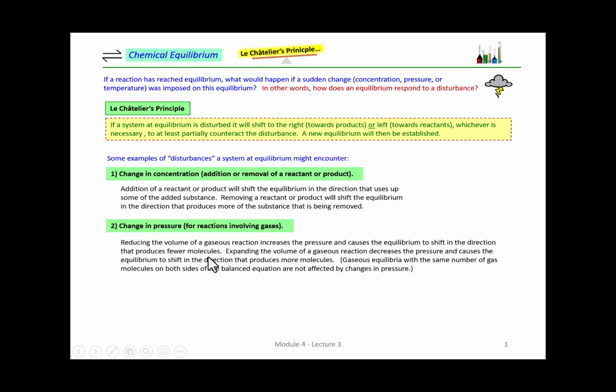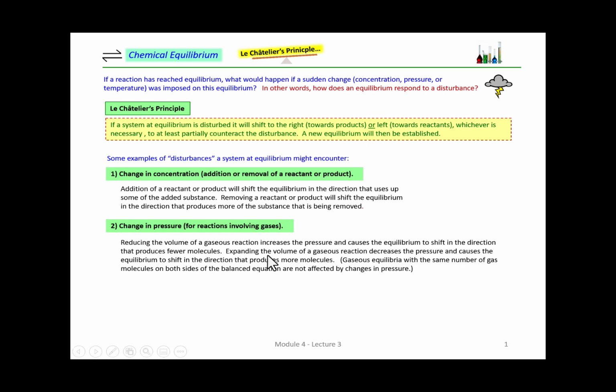If there are fewer molecules, the pressure will drop. So if you increase the pressure by reducing the volume, the equilibrium responds by shifting in the direction, either left or right, that produces fewer molecules, because that will counteract what you're trying to do by squeezing or shrinking the volume.